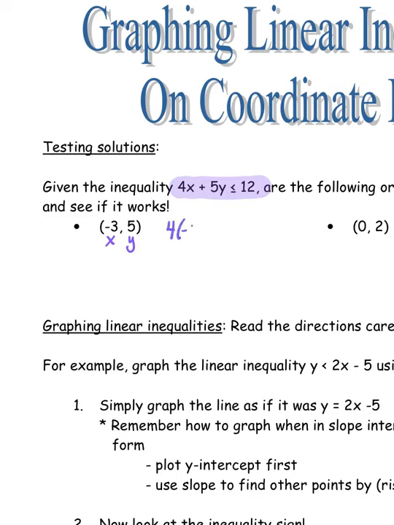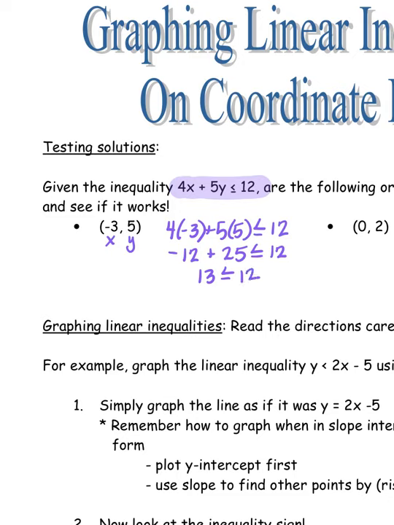4 times negative 3, which is x, plus 5 times 5, which is y, is less than or equal to 12. And as I solve this, I get negative 12 plus 25 is less than or equal to 12. And I get 13 is less than or equal to 12.